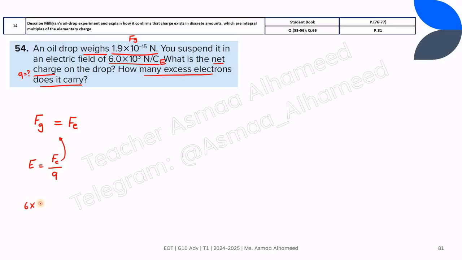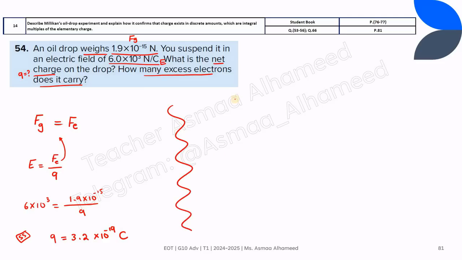Here we have 6 times 10 to the power 3 is equal to the force, 1.9 times 10 to the power minus 15, and the charge is unknown, so we do shift solve, and Q will be 3.2 times 10 to the power minus 19 Coulomb.